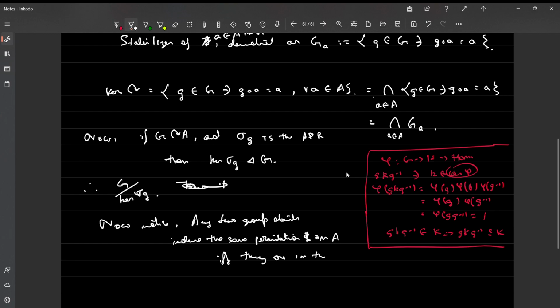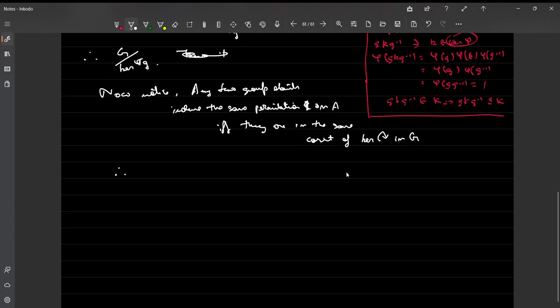That is if and only if the two group elements are in the same coset of the kernel of the action in G, or the kernel of sigma G in G, where sigma G is the associated permutation representation.